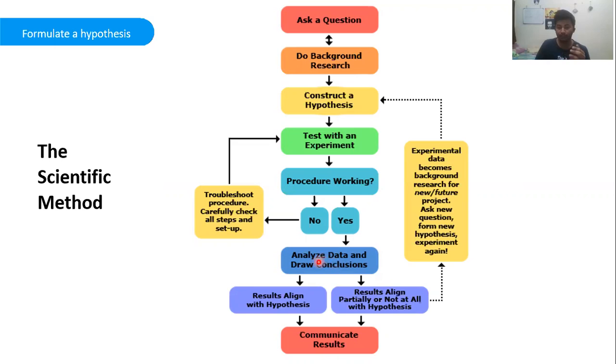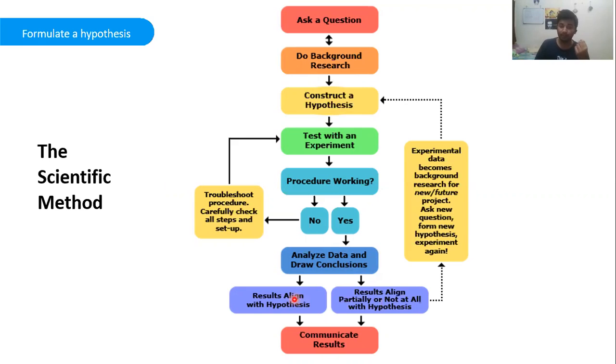So when you analyze this data, you draw some conclusions from it. Either the results will be what you thought about in the hypothesis, या तो it will agree with it, या तो it will not agree with it.